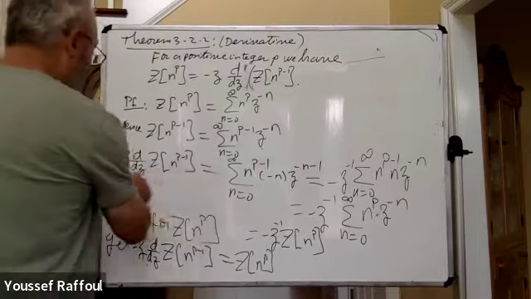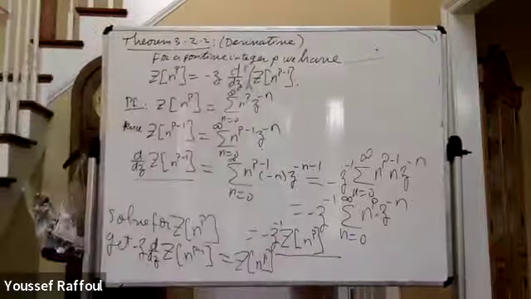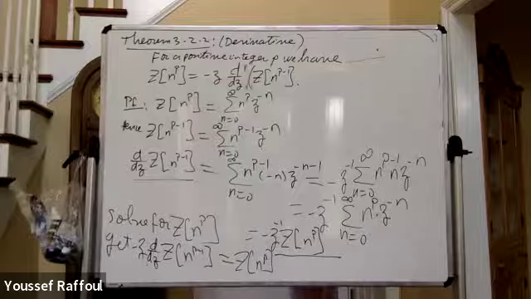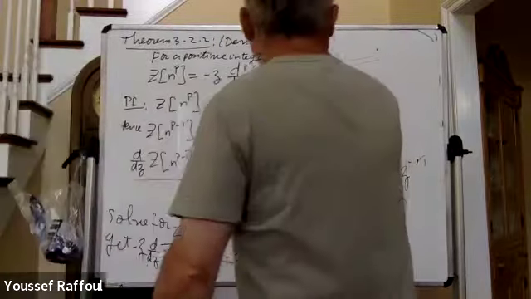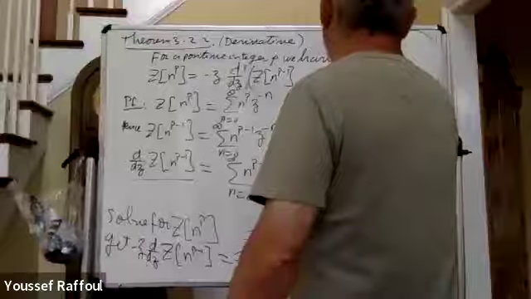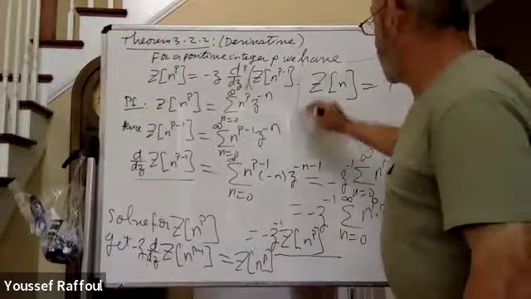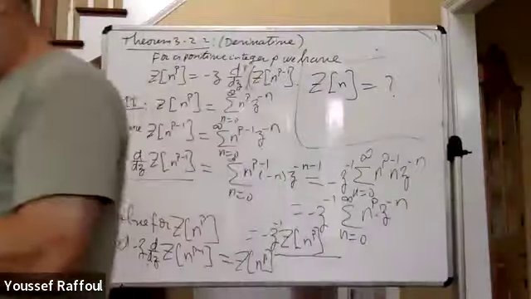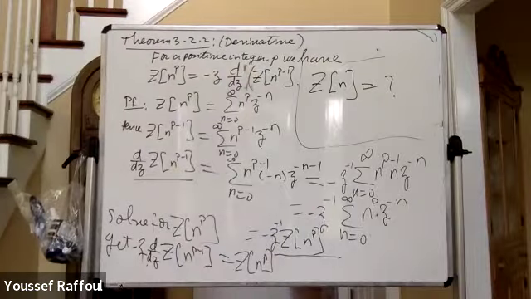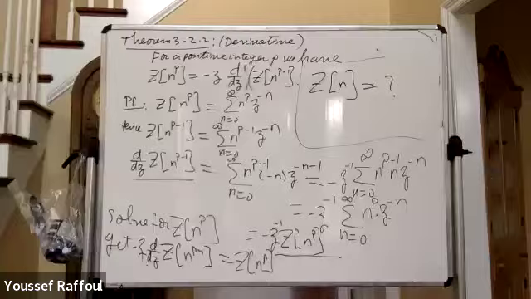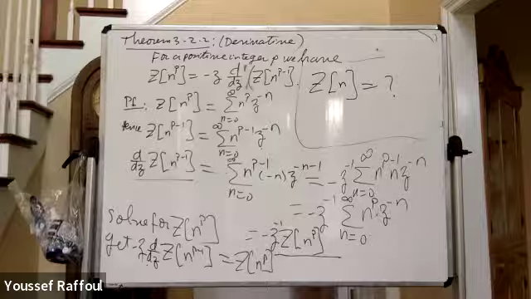I have this one equal to that one. Just solve for Z of n^p. So go ahead, find Z of n. This is an example. Try to find it on your own. Go ahead and do it. Let's see. Practice. See what you can do.